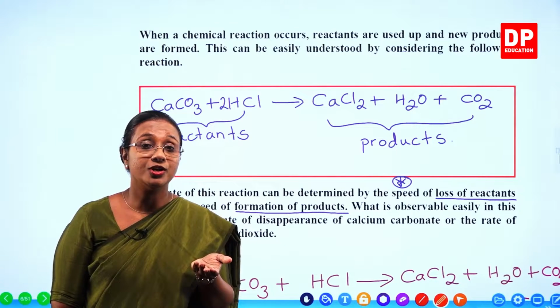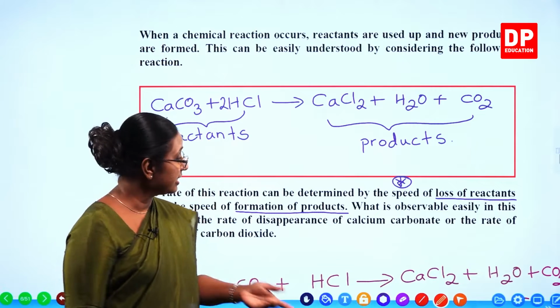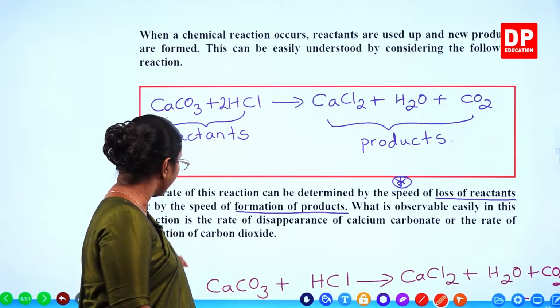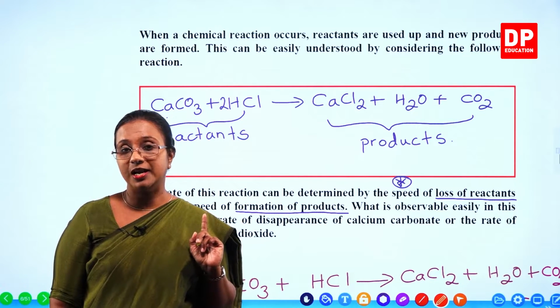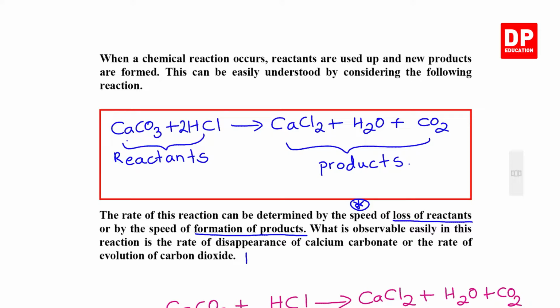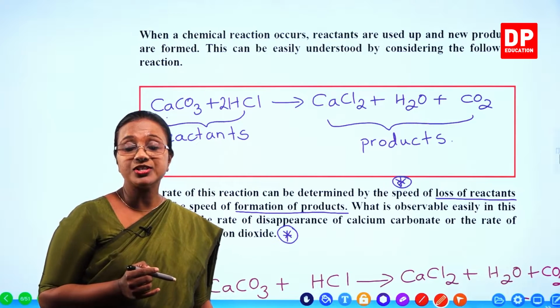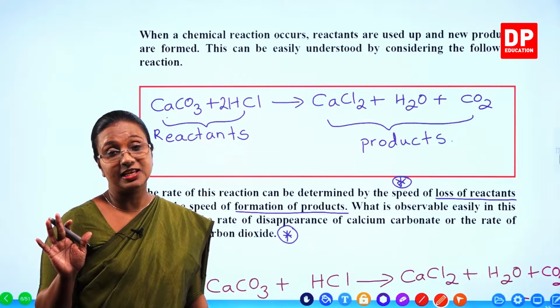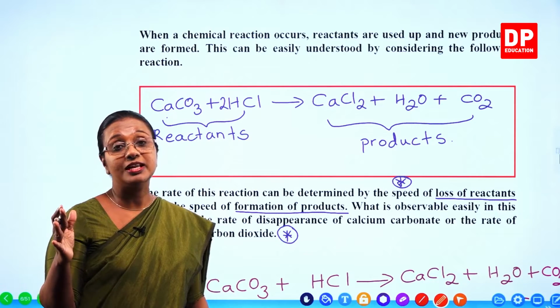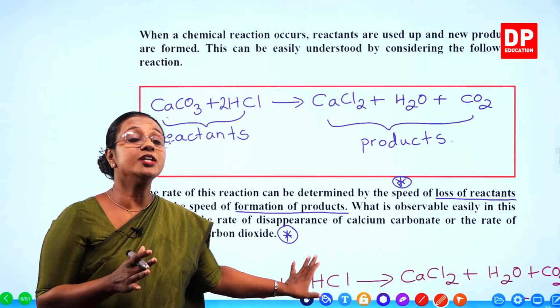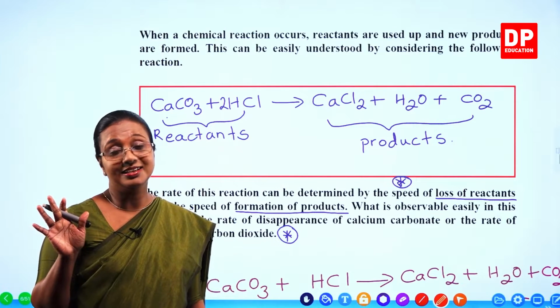I just told you all. It is easier to observe the rate of evolution of carbon dioxide. This is more easily observable. So, the rate of evolution of carbon dioxide can be observed easily, and we can easily calculate the rate of reaction based on that. Is that clear, students?